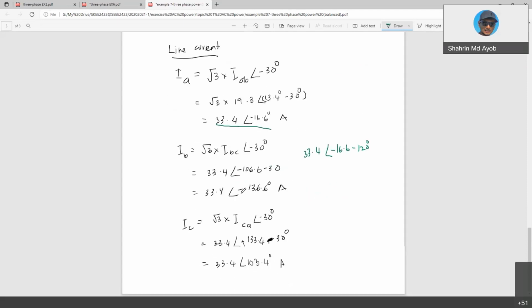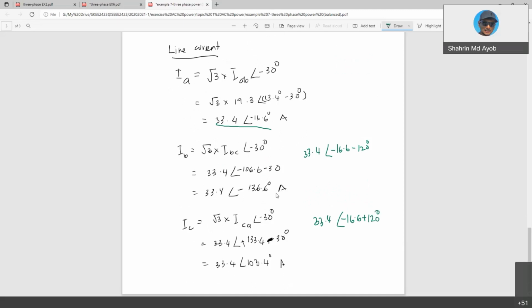So my IB, I will obtain negative 136.6, and my IC is the same magnitude, 33.4, with an angle of negative 16.6 plus 120 degrees.